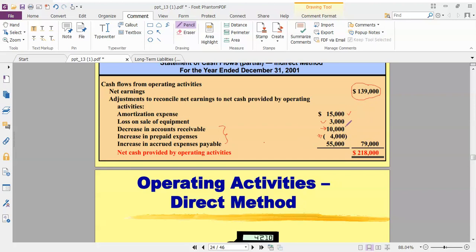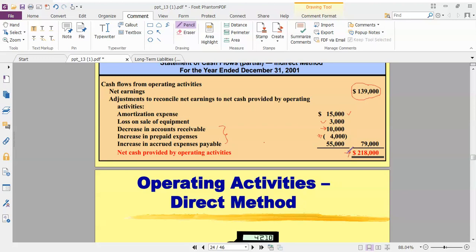So you add and then less 4,000, so you will get 218,000. That is the net cash provided by operating activities.